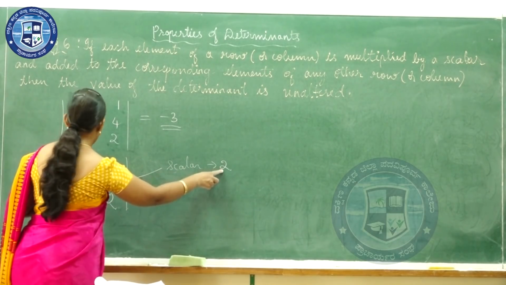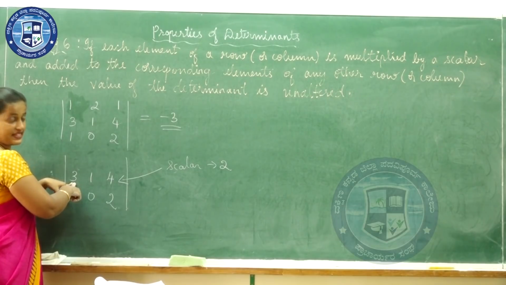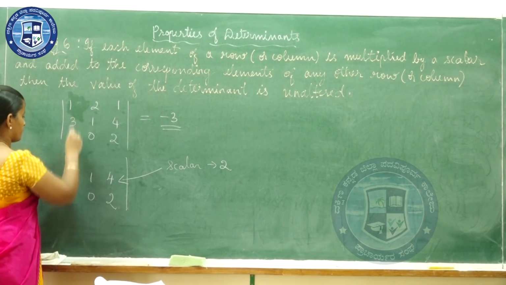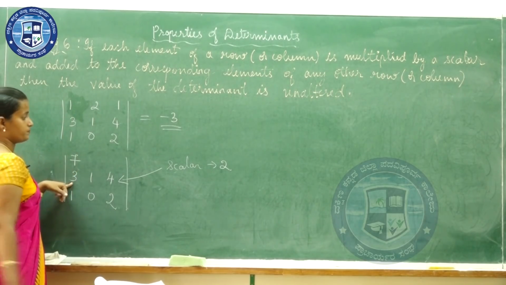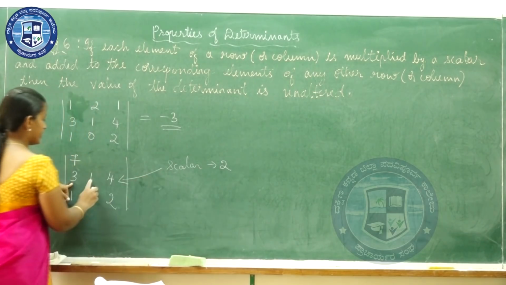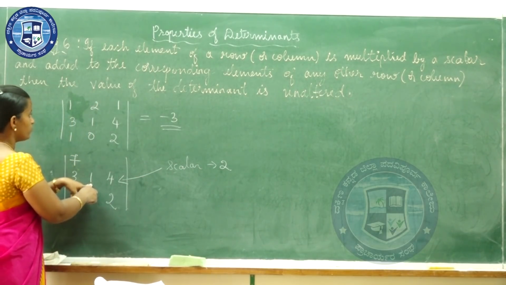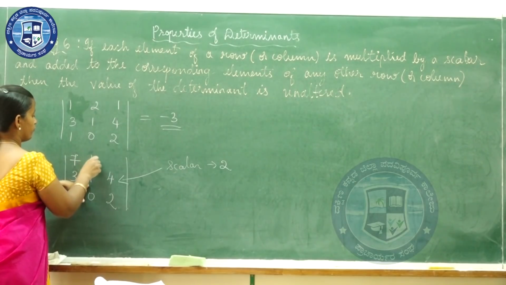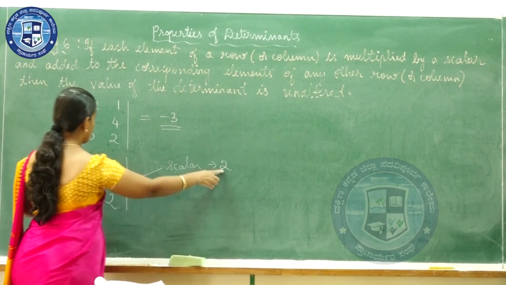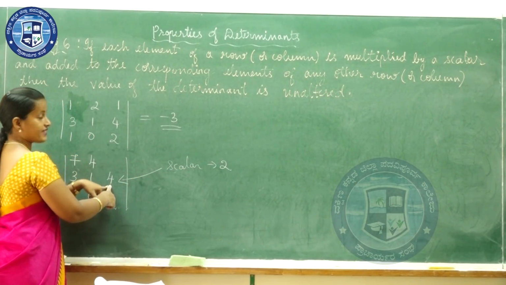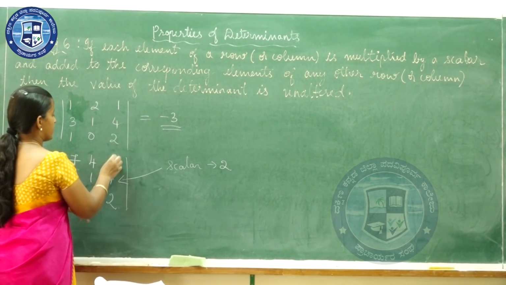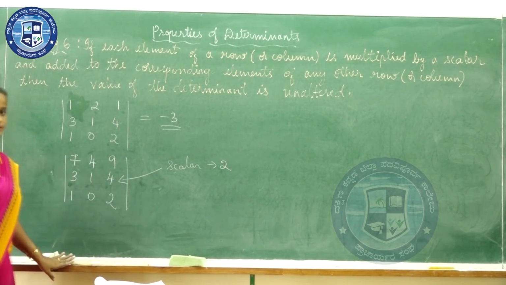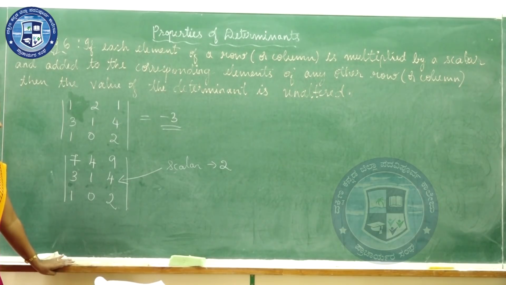So, what is 2 into 3? 6. What is 6 plus 1? 7. 2 into 1 is 2. 2 plus 2? 4. 2 into 4 is 8. 8 plus 1 is 9. Okay.